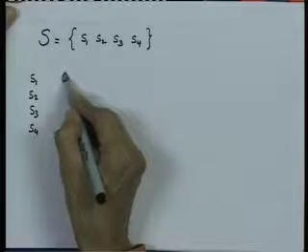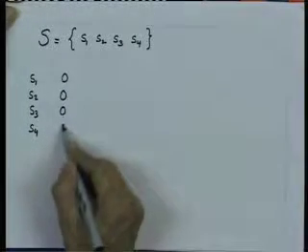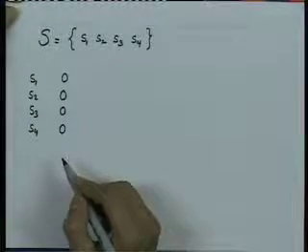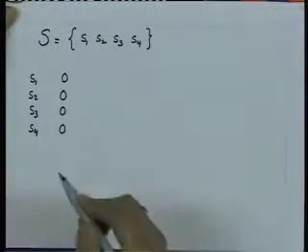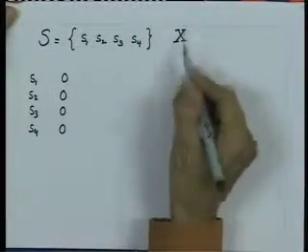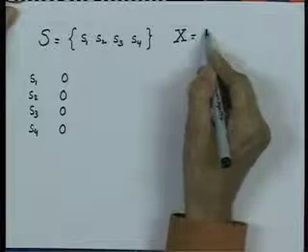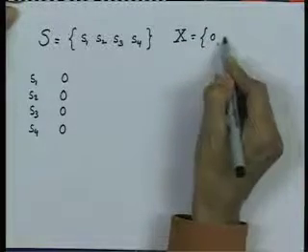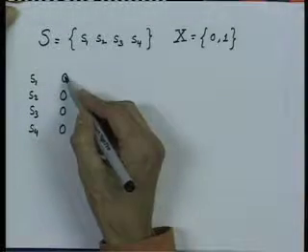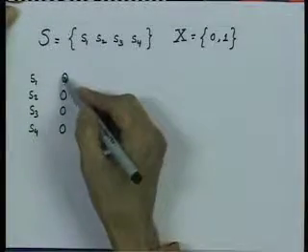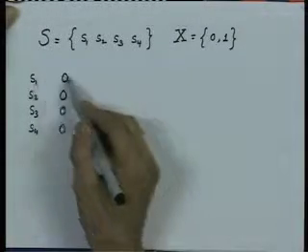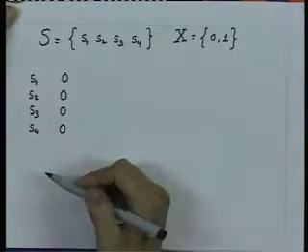One code is where the code symbols for these source symbols are 0, 0, 0, 0, and let us assume that our code symbols come from the binary code alphabet. This code is a singular code, because for each of these source symbols the code words are not unique.